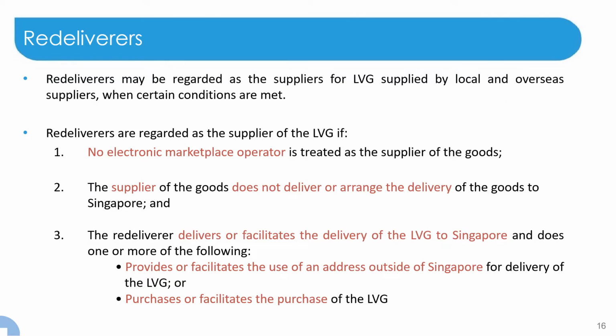Redeliverers are regarded as the supplier of the LVG if no electronic marketplace operator is treated as the supplier of the goods, the supplier of the goods does not deliver or arrange the delivery of the goods to Singapore, and the redeliverer delivers or facilitates the delivery of the LVG to Singapore and does one or more of the following: provides or facilitates the use of an address outside of Singapore for the delivery of the LVG, or purchases or facilitates the purchase of the LVG.